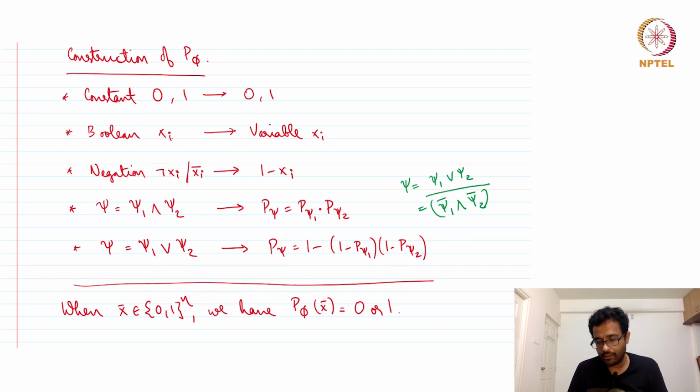This is De Morgan's law. We use exactly this because we have already seen how to deal with negation and how to deal with AND. We could just use both of that. So we negate p psi 1 and p psi 2, with 1 minus p psi 1, 1 minus p psi 2, take the product and then negate it again. So 1 minus this entire thing. So this is the OR.